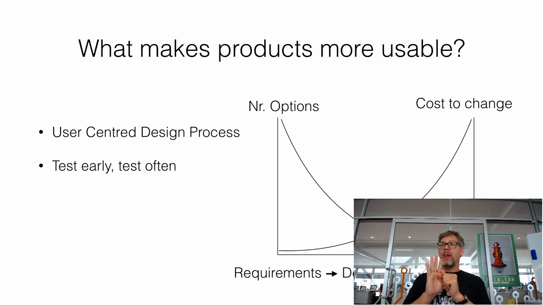And last week they abandoned it, after they tested it with users and it turned out not to be useful. There were some usability issues that were just ridiculous, and changing it would cost so much that they abandoned the whole project. 60 million euros, 6 years of development going down the drain.